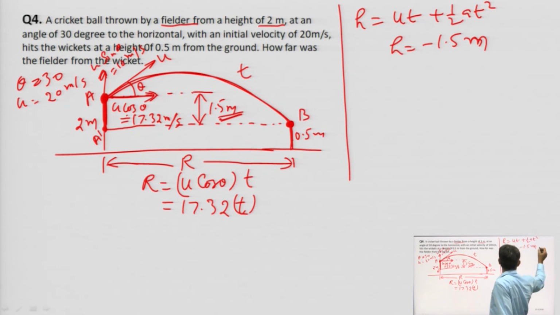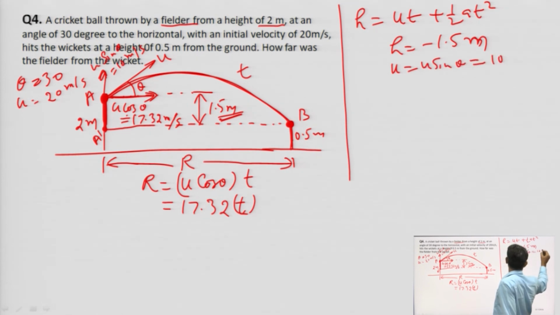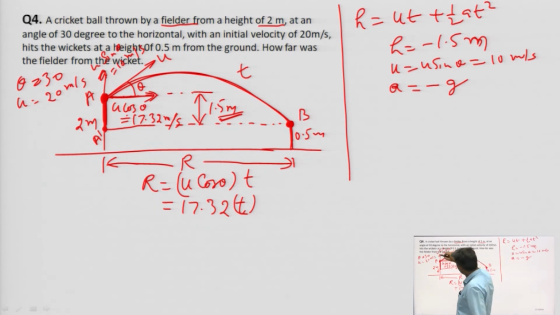U is u sin theta, and it is 10 meter per second. And acceleration a is minus g. Why minus g? Because the velocity is upward and gravity is acting downward.